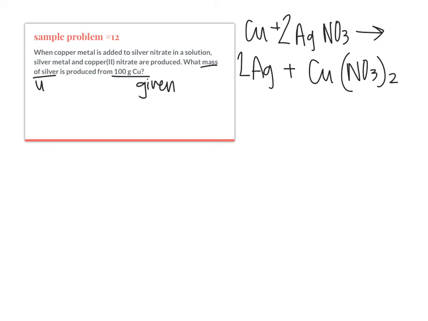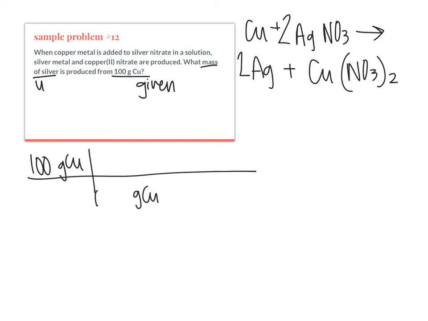Okay. So we start with our given. If we have that on top, guess what? We have that on bottom. We're trying to get to grams of silver, but again, we can't go from grams of one thing to grams of another. So we have to go to moles of copper. Moles of copper.